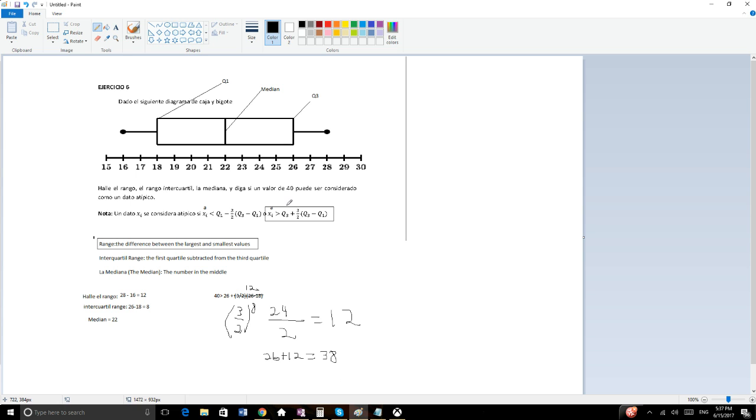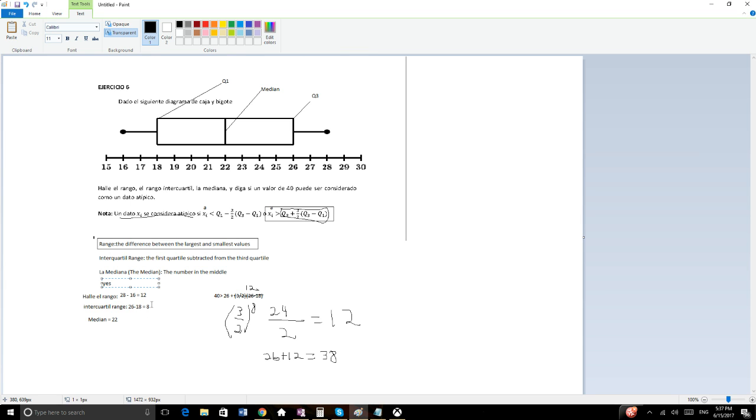So if 40 is greater than this equation, which came out to be 38, the point is considered atypical, or an outlier. So if the value of 40 would be considered an atypical data point, the answer would be yes. Yes, it is. So, yes.